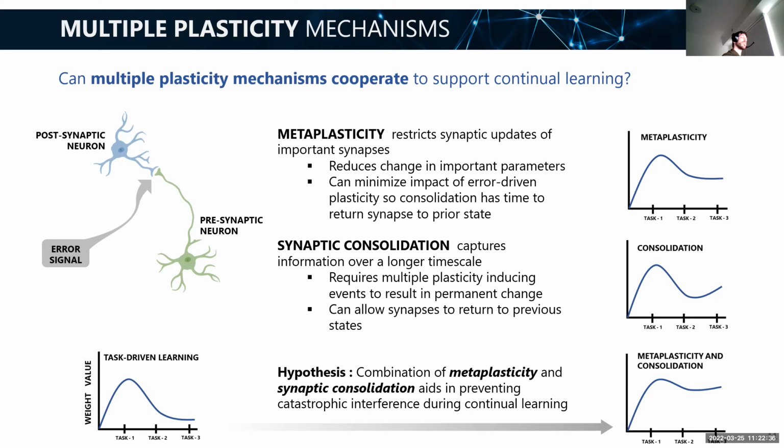You reduce the changes in the important weights, and you allow the network to recover from gradual shifts that are unavoidable, even with metaplasticity, unless the synapse is completely frozen. But you also don't want to completely start freezing synapses, because then your network really becomes untrainable. And the goal is to find a balance between this regularization and this plasticity that's allowed, so that we can still learn future tasks.